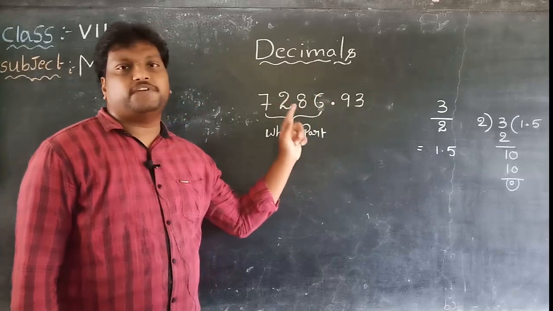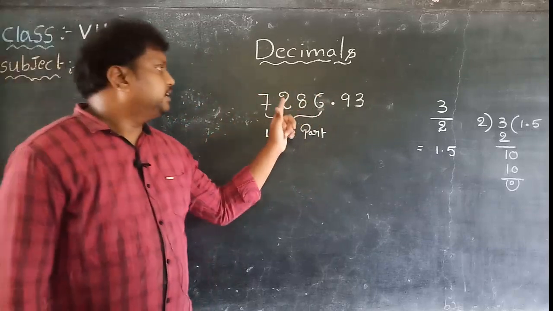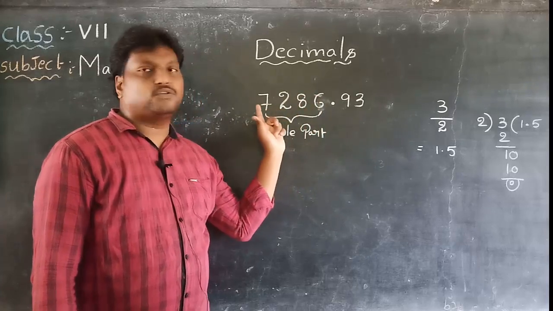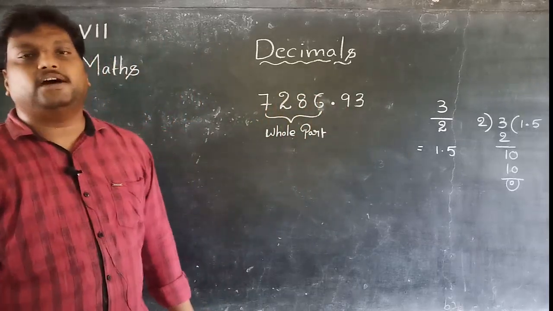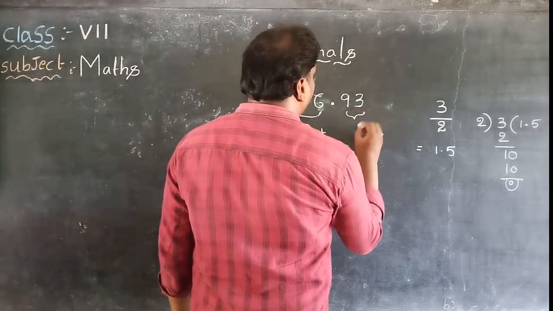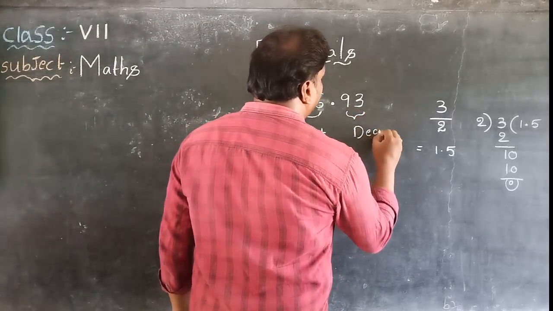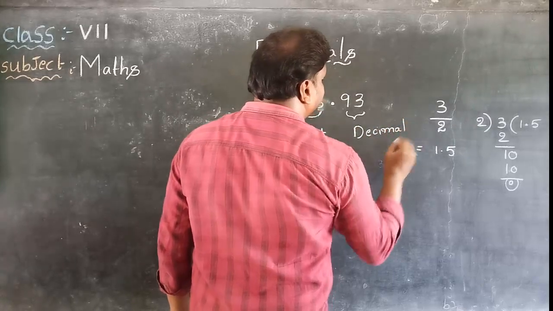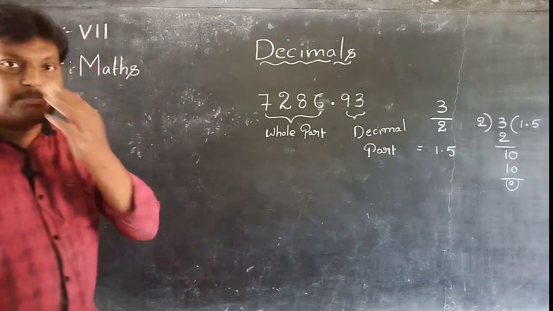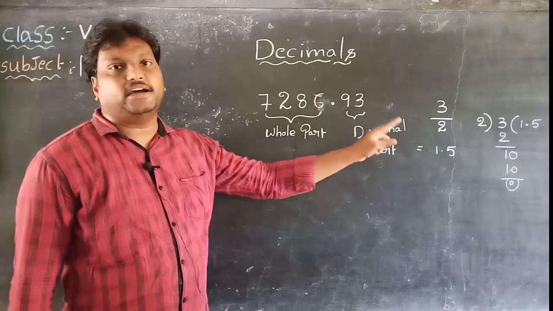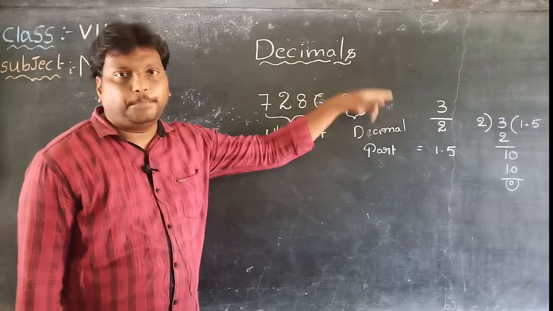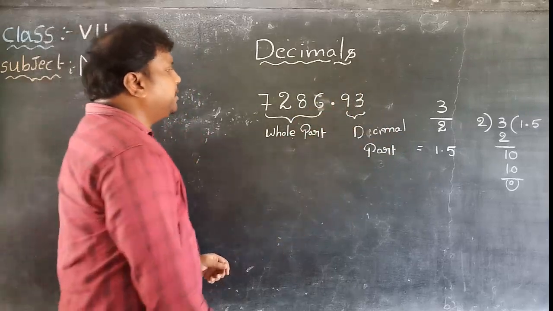Because the value before the point is ones, tens, hundreds, thousands, like that. Then what about after the point? This is the decimal part. Why is it called the decimal part? Because this part is after the point, that's why it is called the decimal part.